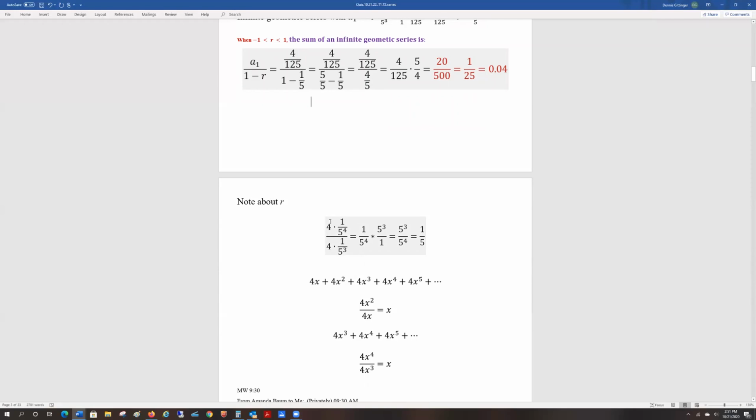The 4's are going to cancel out, and you're going to have 1 over 5 to the fourth times the reciprocal of 1 over 5 cubed, which is 5 cubed over 1. And that's going to be 1 times 5 to the third over 5 to the fourth times 1. And what that allows us to do is cancel 5, 5, 5 with 3 of these 5s, and you wind up with 1 for the numerator, and you've got 1 extra 5 in the denominator.